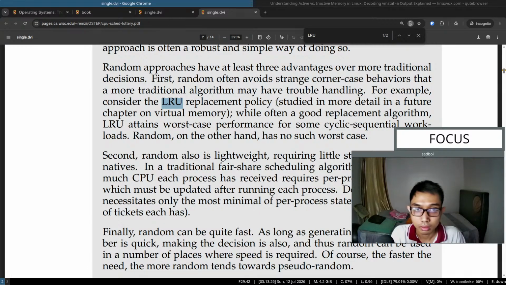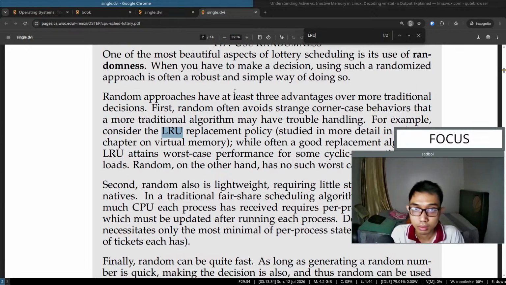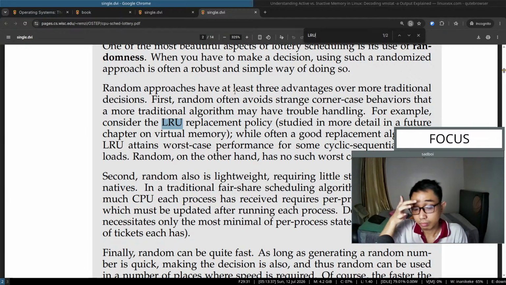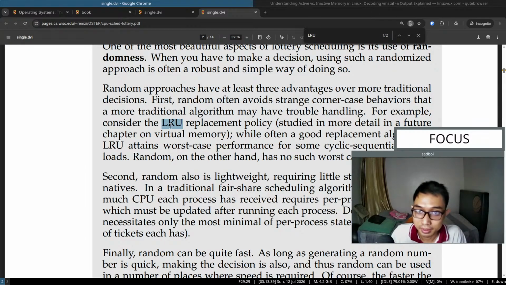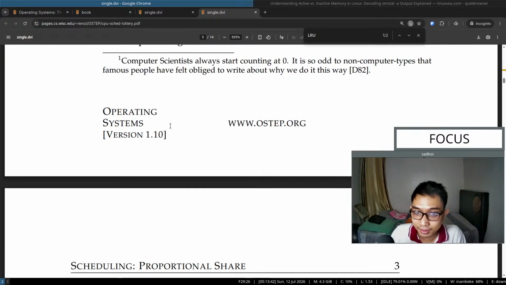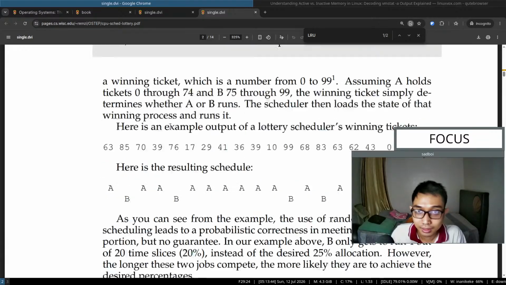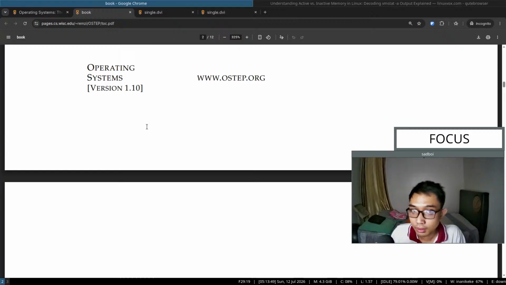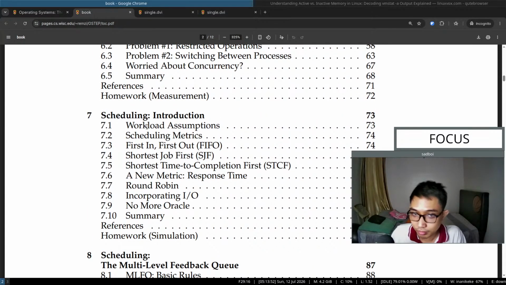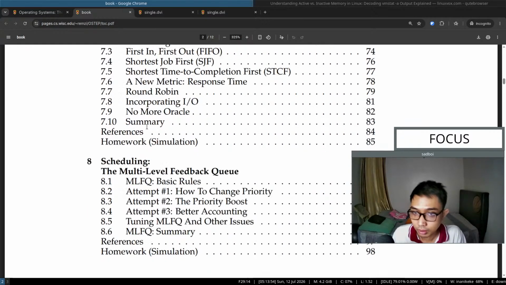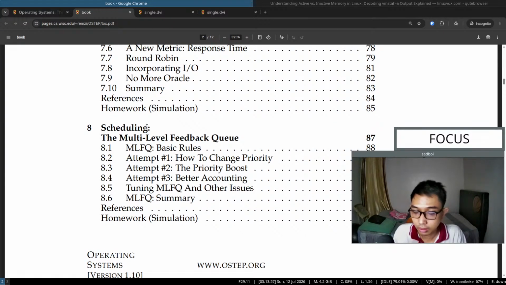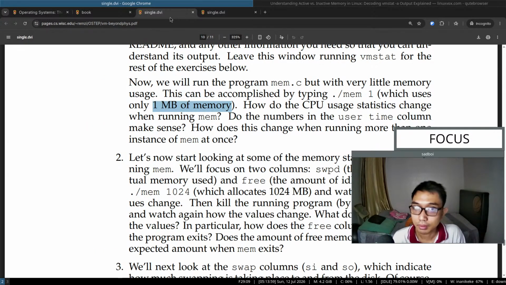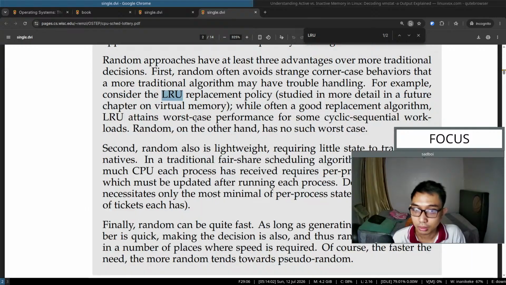What does LRU stand for? Yeah, I kind of forgot where I got the term LRU previously.